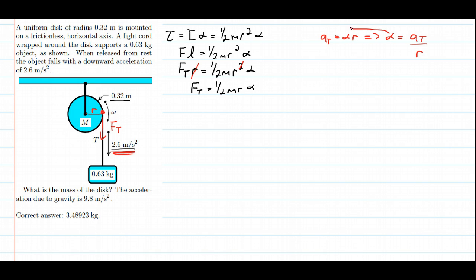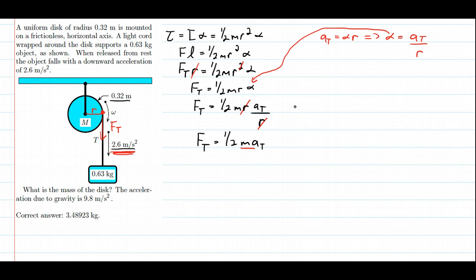Now let's make that substitution back into our equation. We get Ft equals 1/2 m r AT over r, which cancels out our radiuses, ultimately leaving us with Ft equals 1/2 m AT. And this m right here is the mass of the pulley that we're trying to solve for.